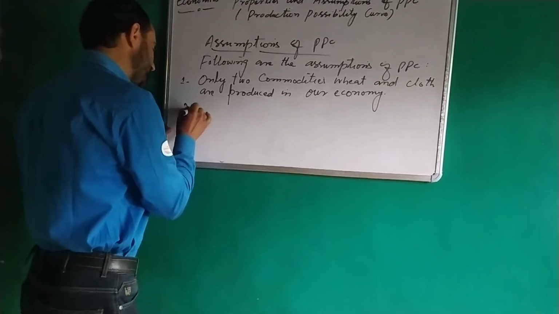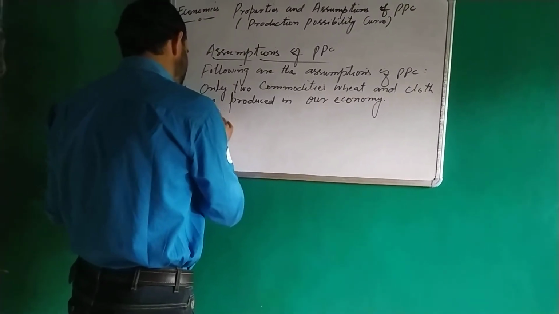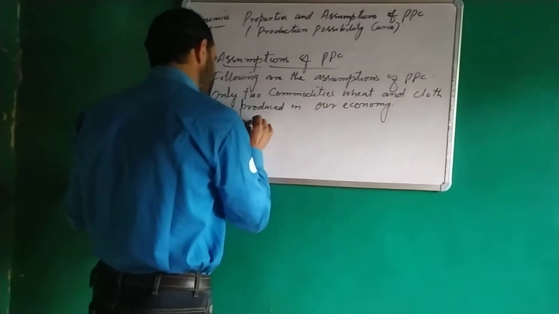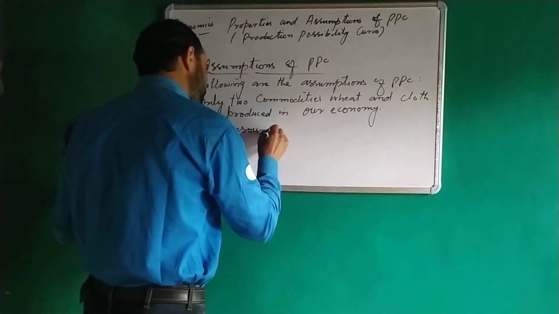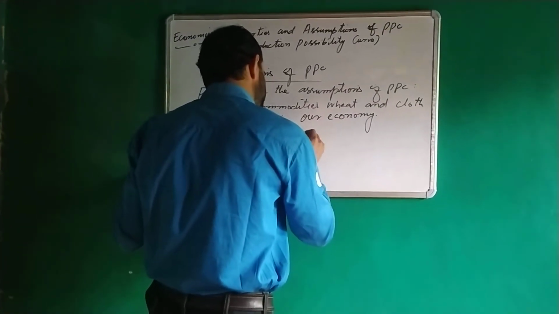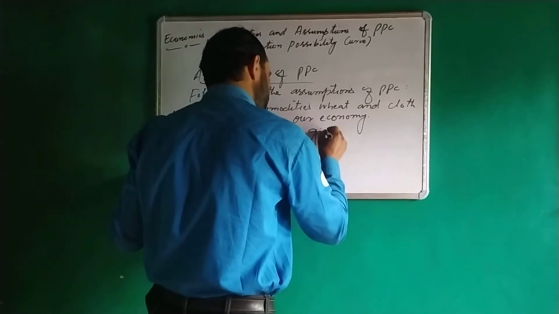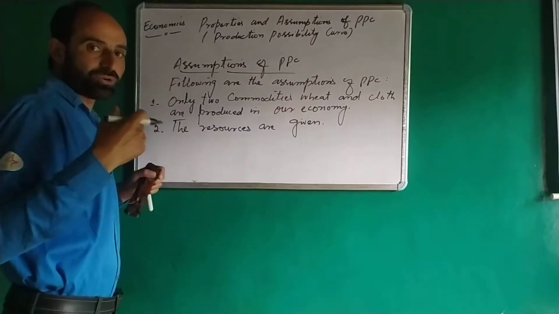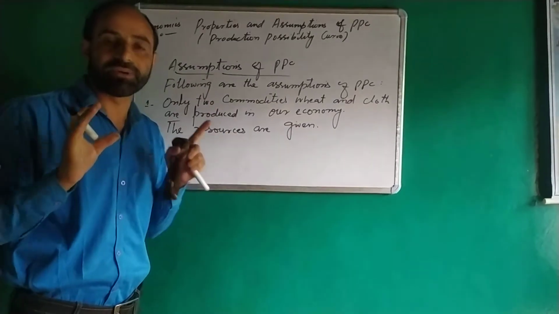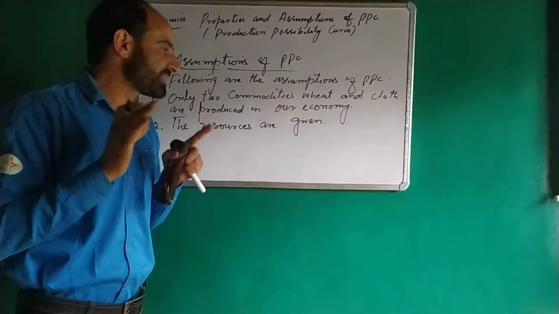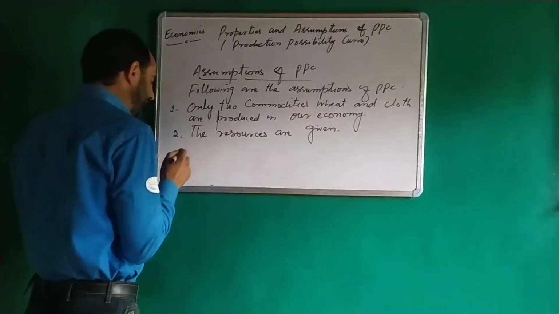Second assumption, the resources are given. The resources available in our economy are given in quantity. These resources are fixed in quantity. This is the second assumption.